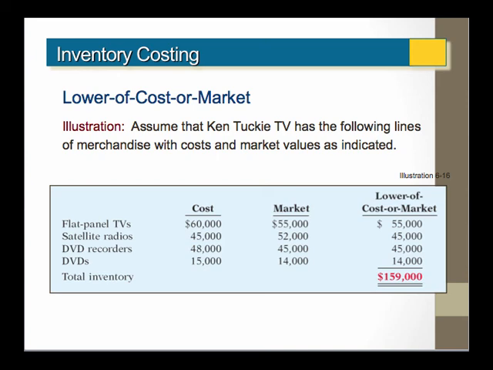The DVDs, the cost of $15,000 is higher than the market value, so we need to take the lower value there. So once we take a look at all those changes, we need to make an adjusting entry to reduce the cost of the inventory to the $159,000 and recognize it as cost of goods sold.